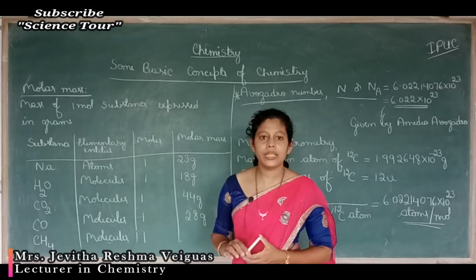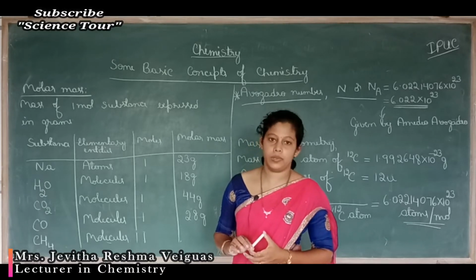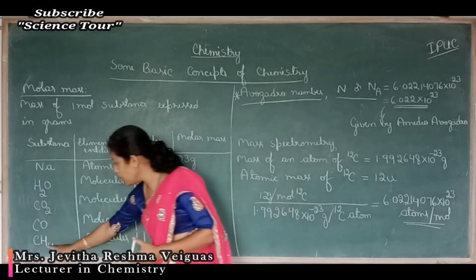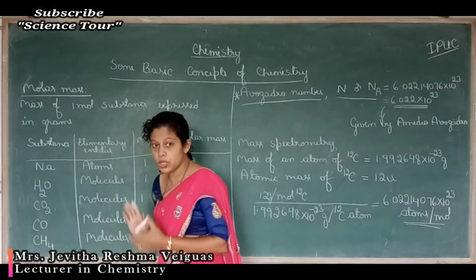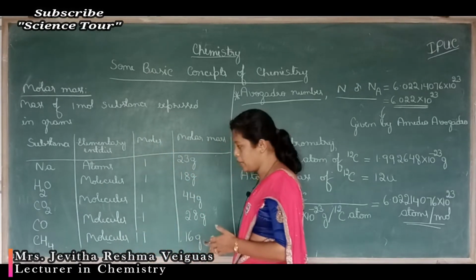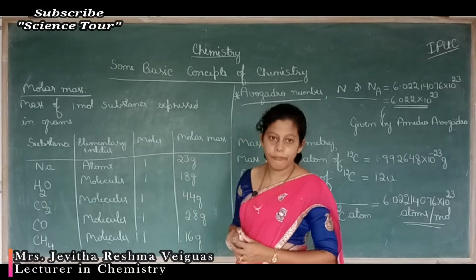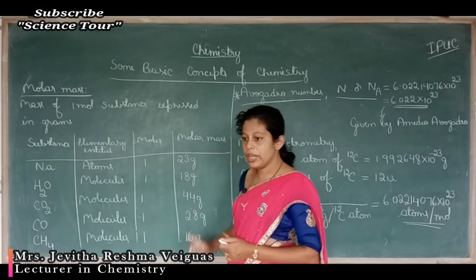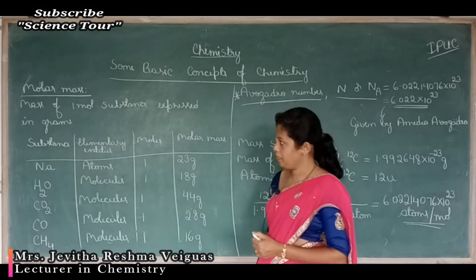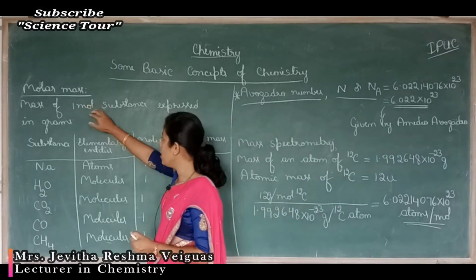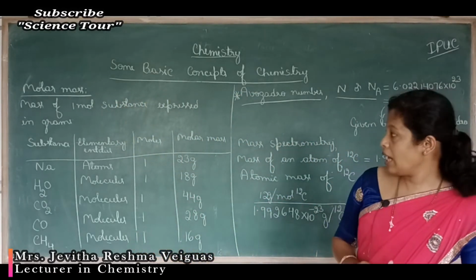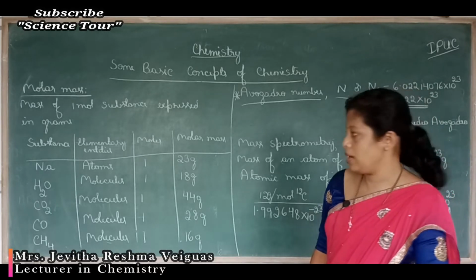Atomic mass of hydrogen is actually 1.008 grams, which we can approximately consider as 1 gram. So 4 into 1 gram plus 12, that is 16 grams. 16 grams is the molecular mass of methane. The same is called molar mass because it is the mass of 1 mole of methane. Remember, the mass of 1 mole of any substance, if expressed in grams, is called molar mass.